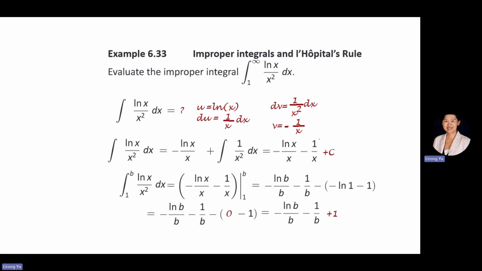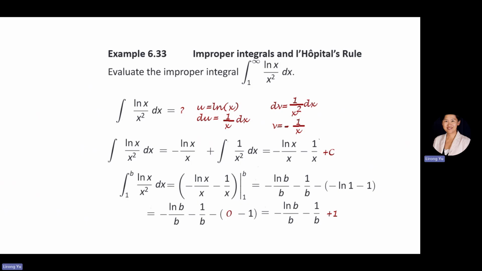How to do it step by step. We plug in b: negative natural log of b over b, minus 1 over b. The lower limit is when x equals 1. Natural log of 1 equals 0, so it's negative 0 over 1, minus 1 over 1, that's minus 1.